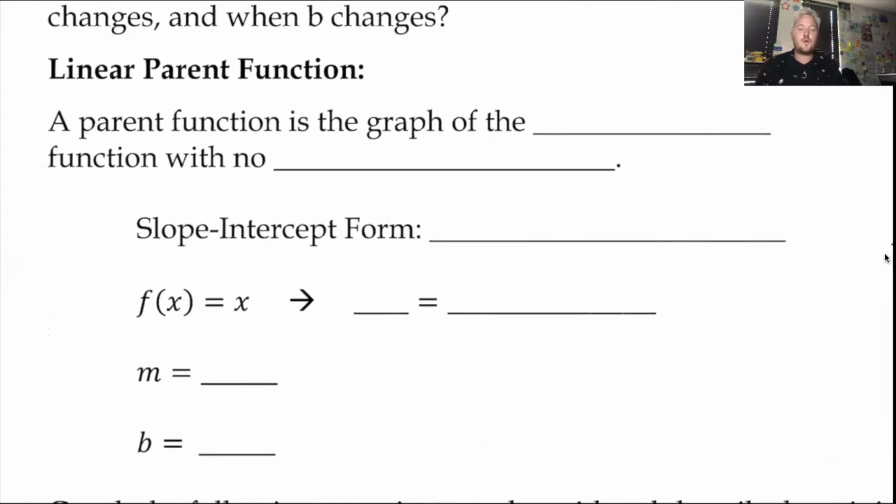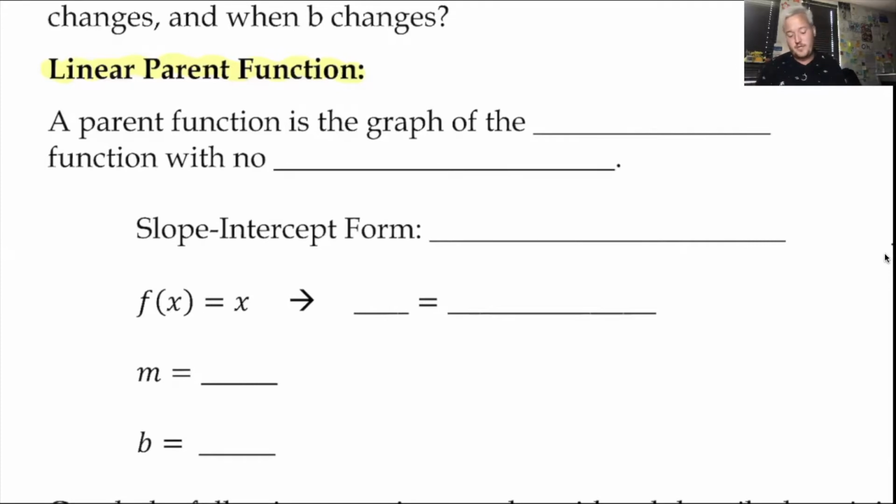All right, so we're gonna look at what we call the linear parent function. Ladies and gentlemen, I cannot stress this enough. Knowing what a linear parent function is crucial, imperative, and vital to Algebra 1, throughout the entire year. Not even just this lesson or unit. You want to know what parent functions are.